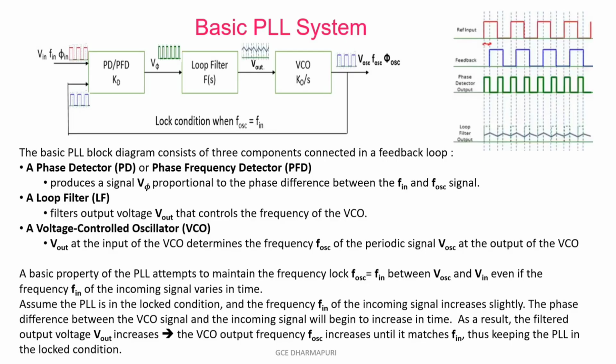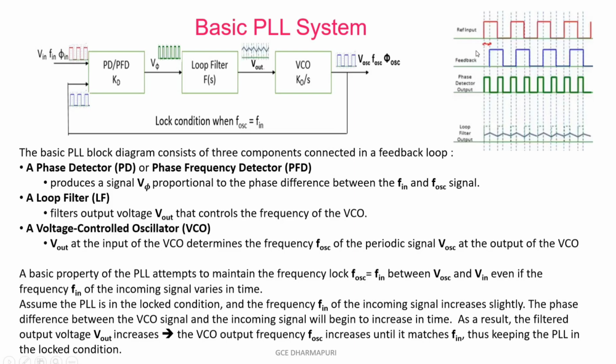The phase difference between the VCO signal and the incoming signal will begin to increase in time. As a result, the filter output voltage Vout increases, which will increase the VCO output frequency FOSC until it matches Fin, thus keeping the PLL in the locked condition.